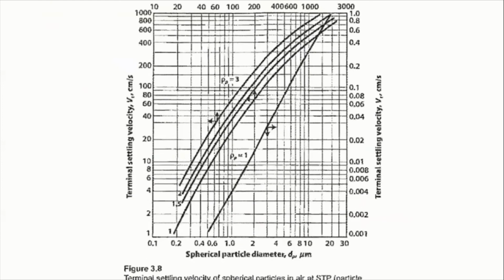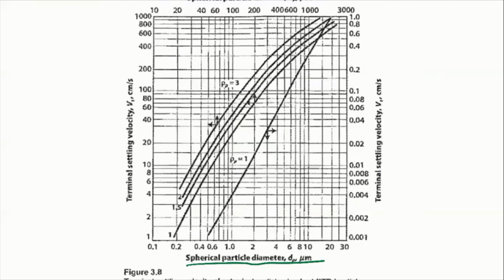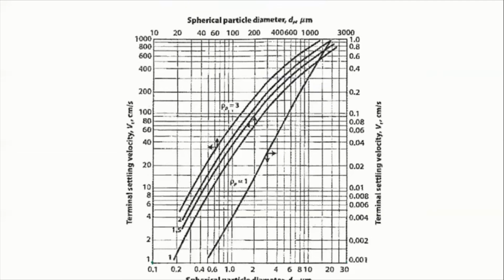So here in your textbook, it actually shows you a graph of the terminal velocity for particles of all different sizes. On the x-axis, it's the spherical particle diameter. It starts from 0.1 micrometer to 30 micrometer, and then further above here, it starts from 10 micrometer to 3,000 micrometer, which is basically 3 millimeters. 3 millimeters is already very observable.